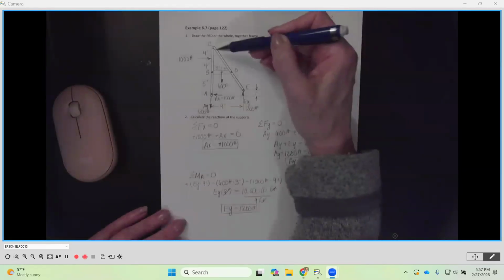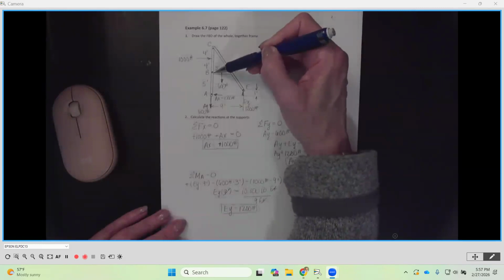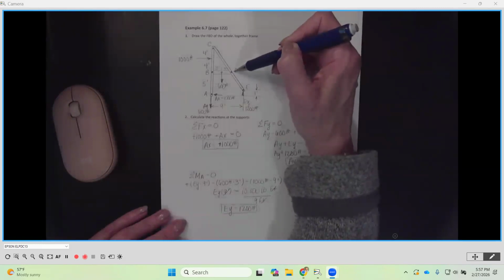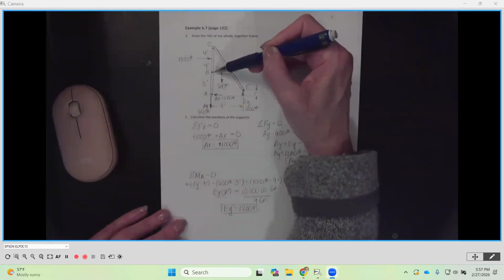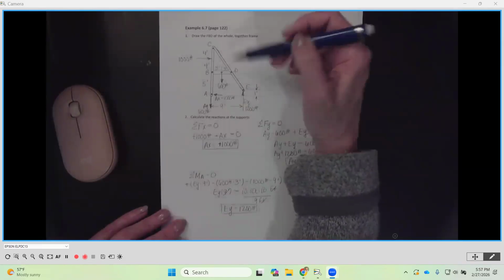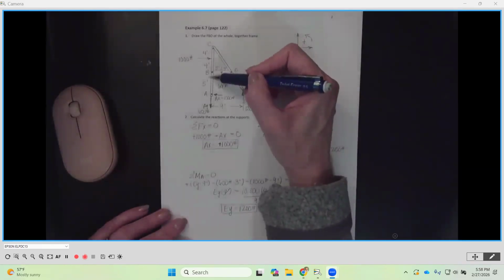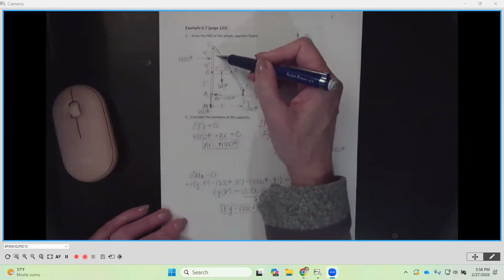Now, the other part of this problem is they want us to find out what are the reactions at each one of the internal pins to this frame. So we want to find out what's the pin reaction at C, at B, and at D. Okay, so to do that, we need to break our frame apart piece by piece. And this is where we're going to be looking, for instance, at A, B, C by itself, okay?